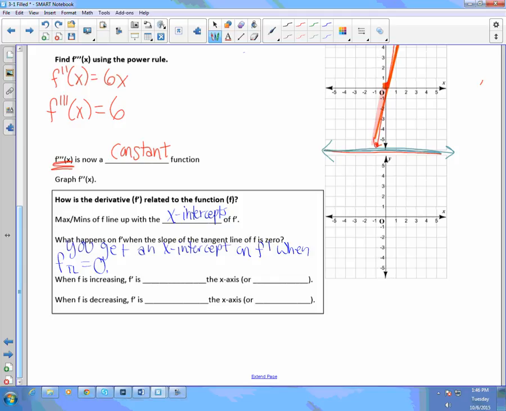And remember, the tangent line is actually showing you what on the graph? Slopes. So we're taking the derivative, we're actually finding the slope of the original function. Okay, so keep that in mind.